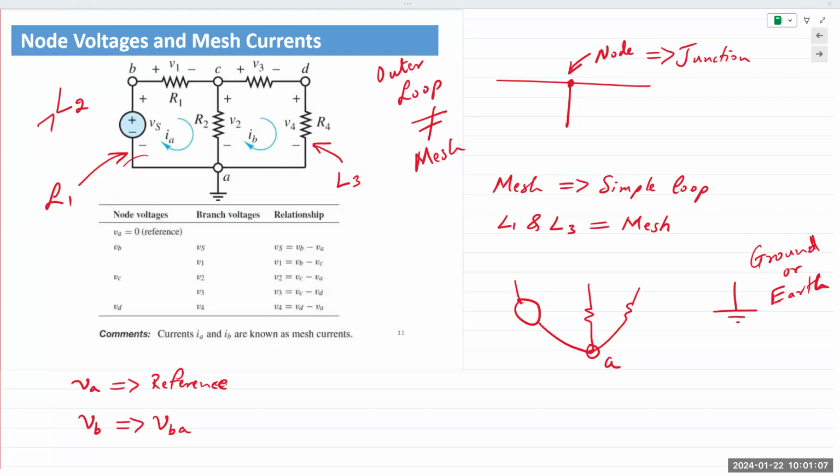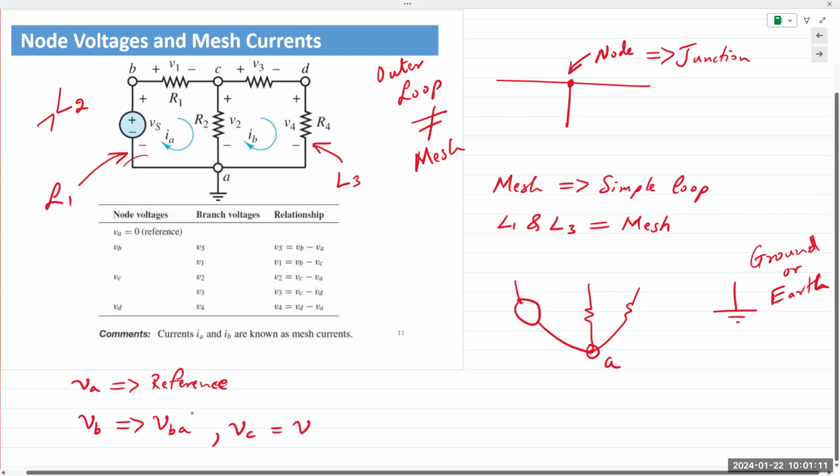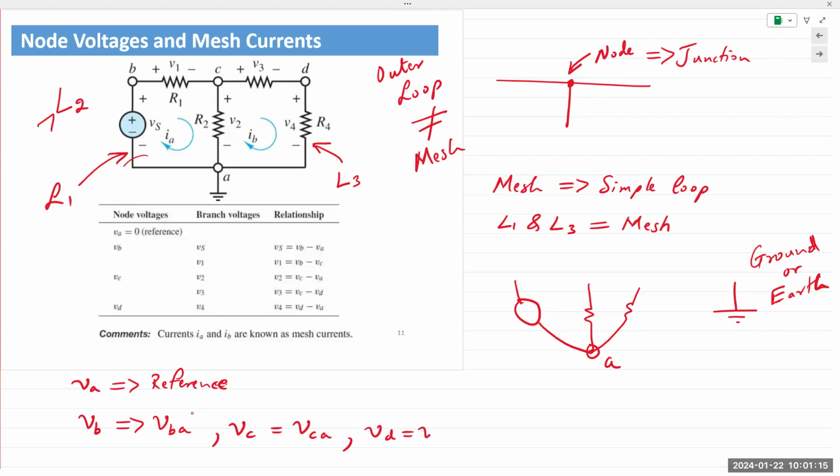VC is VCA and VD is VDA. Okay. VB, VC, and VD.